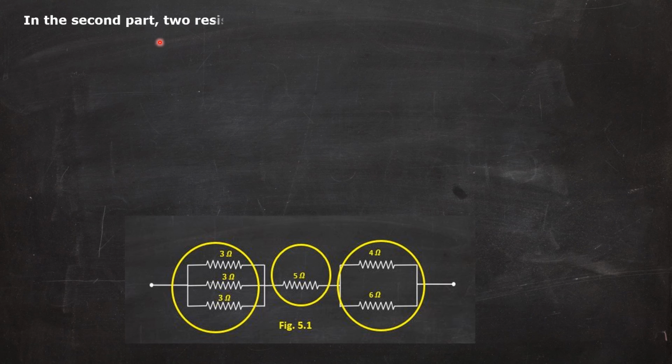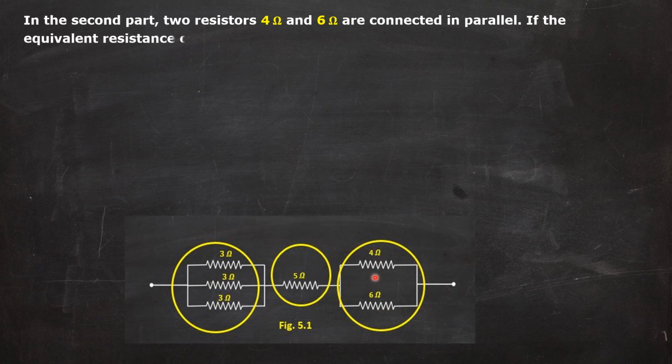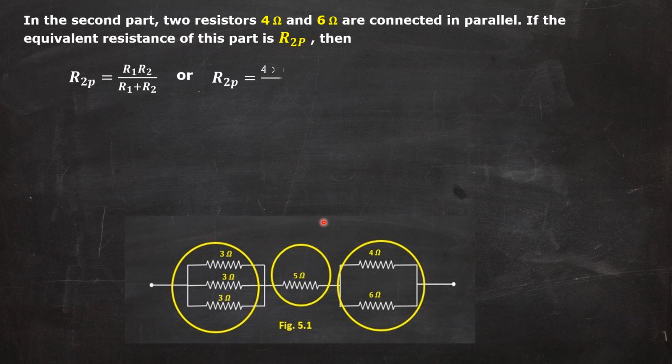In the second part, two resistors 4 ohm and 6 ohm are connected in parallel. You can see here, if the equivalent resistance of this part is R2P, then R2P is equal to product by sum. So 4 into 6 by 4 plus 6, that is 24 by 10, we get 2.4 ohms.